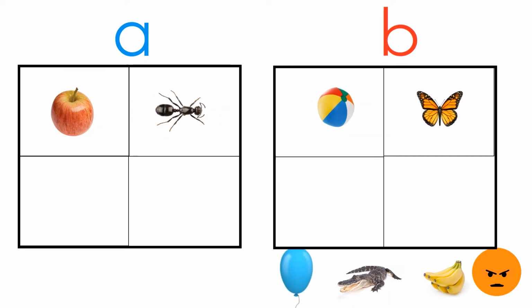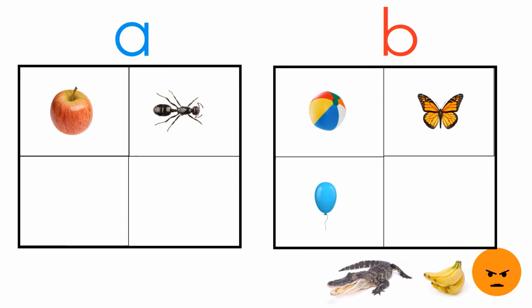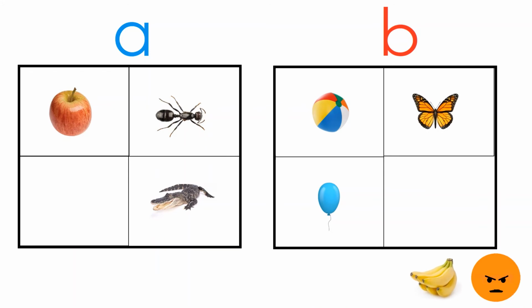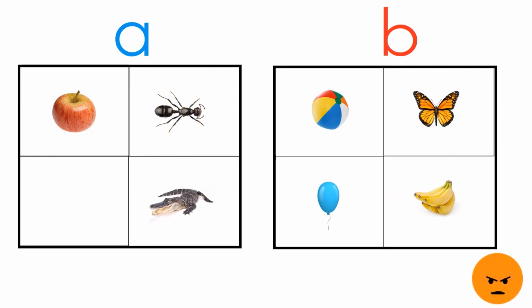B. Alligator. Goes under A. Banana. Goes under B. Angry face. Angry. A. Goes under A.